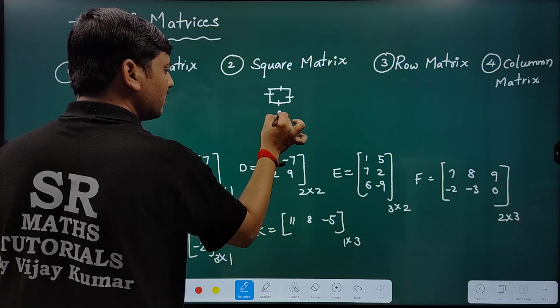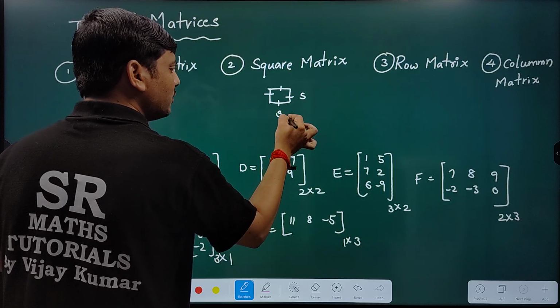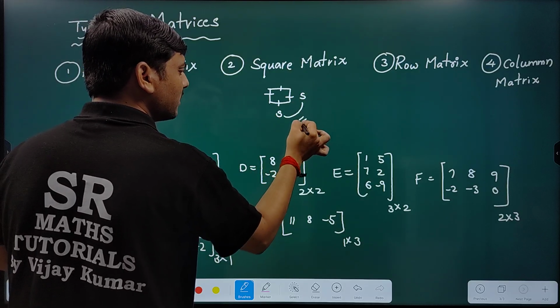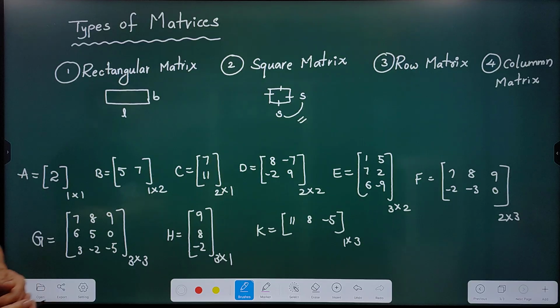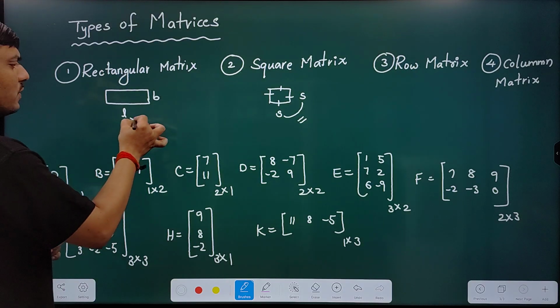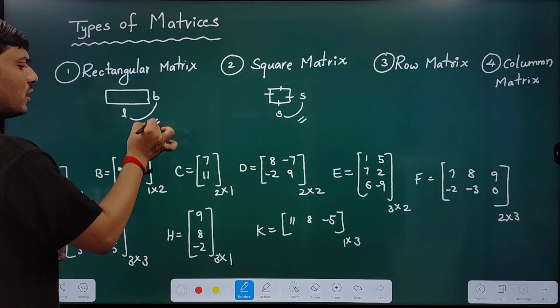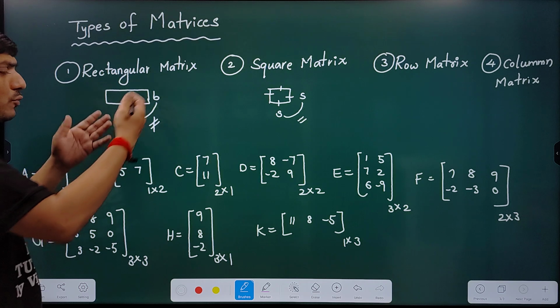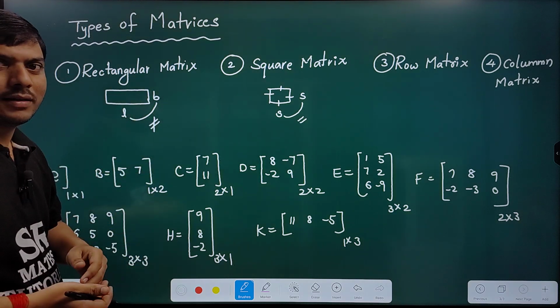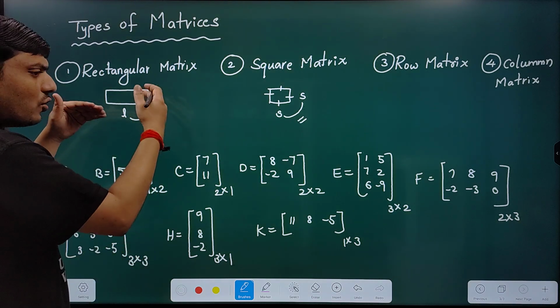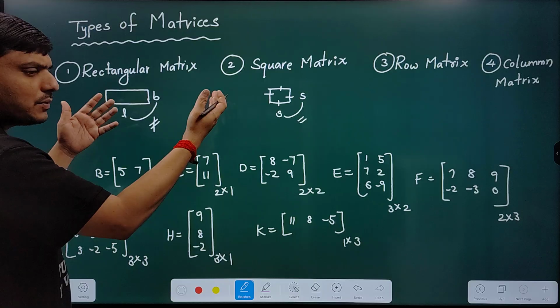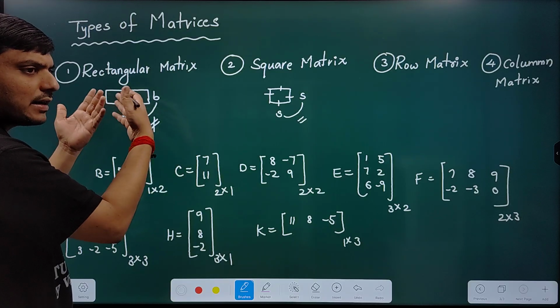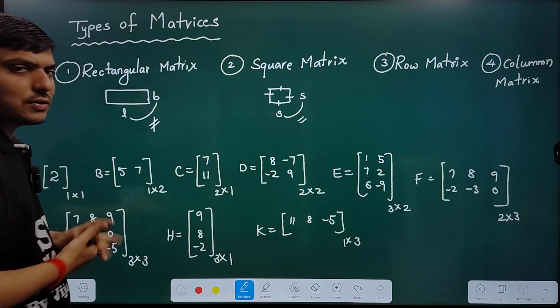So this is a side, this is a side. Are the length and breadth both equal? No. If both are equal, that is a square. Sides are not equal, that is a rectangle. Sides are equal, that is the square concept.